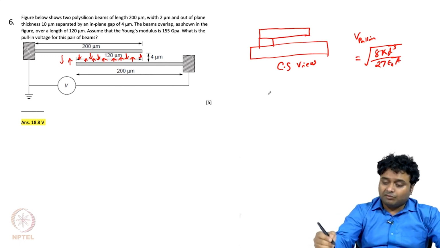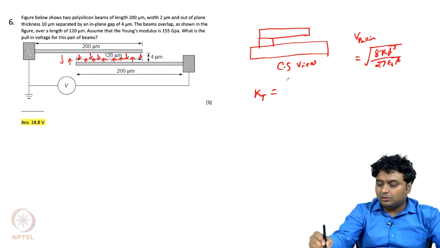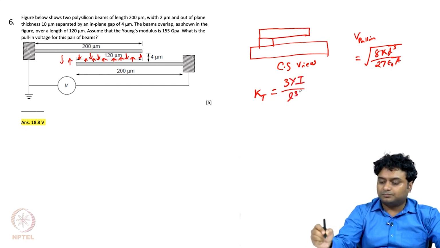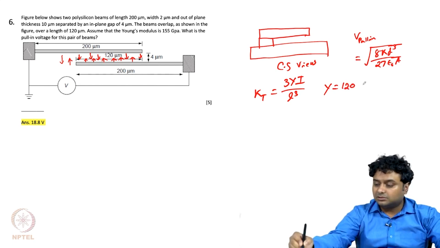So for transverse case we already know that the stiffness constant is equal to 3YI by L cube, right, 3YI by L cube. Here now we know Y is equal to 120 GPa or 120 into 10 to the power 9 Newton per meter square, right.